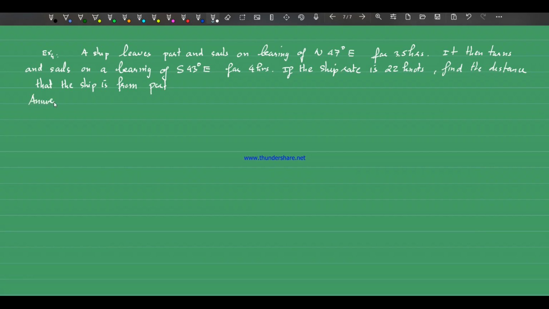So you see over here, they don't give you the picture. You have to draw the picture. If you draw the picture wrong, everything is wrong. So you don't want to draw it wrong. You need to understand what's going on over here. A ship leaves port and sails on a bearing north of east.